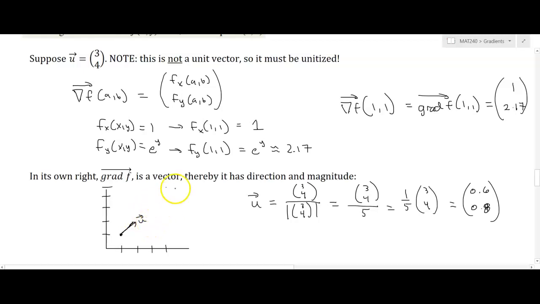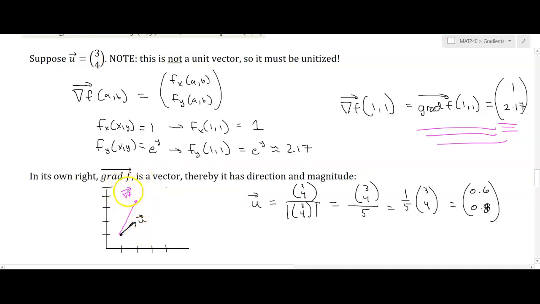I won't write out the components because we've got them listed here. Now, the gradient vector, which we said is a vector in its own right, the vector (1, 2.17), relative to that point, points 1 unit over and 2.17 units up. So that gradient vector, grad f, which for convenience I'm going to write with the del notation, a little more compact, does not point in the same direction as u. And why should I really care?